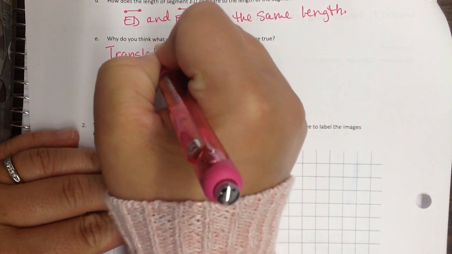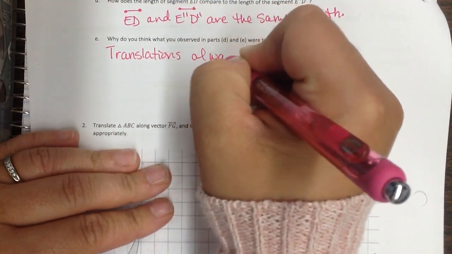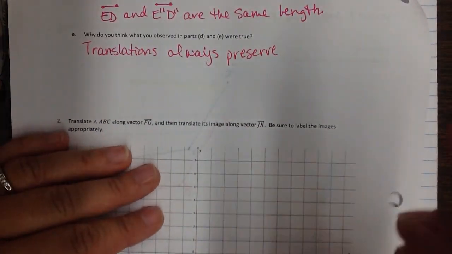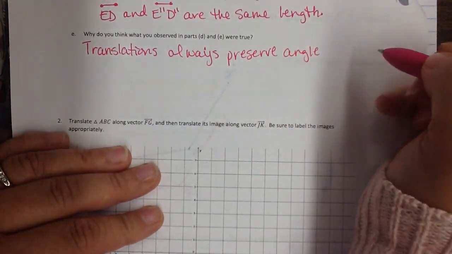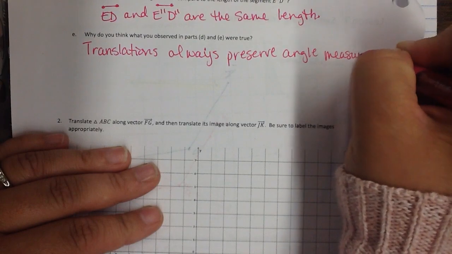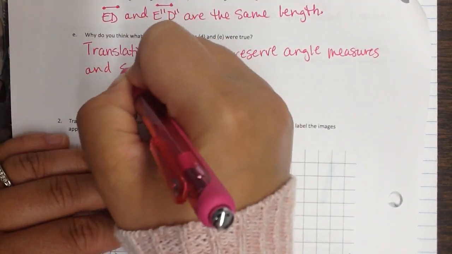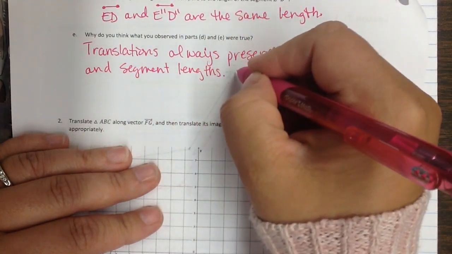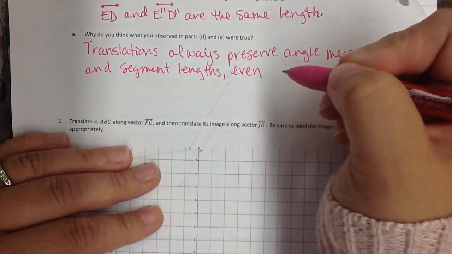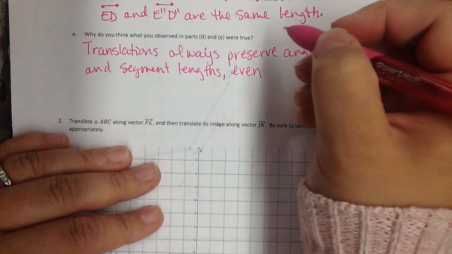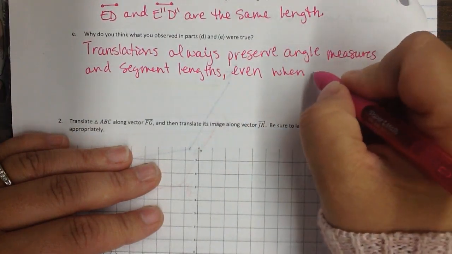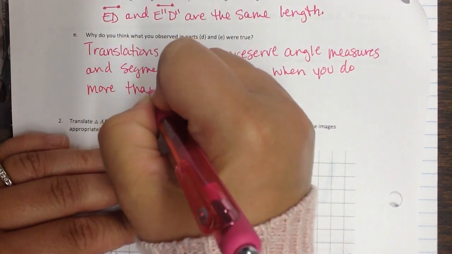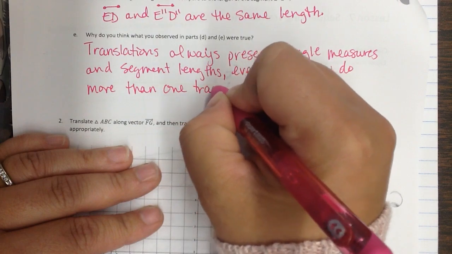Translations always preserve angle measures and segment lengths, even when you do more than one translation.